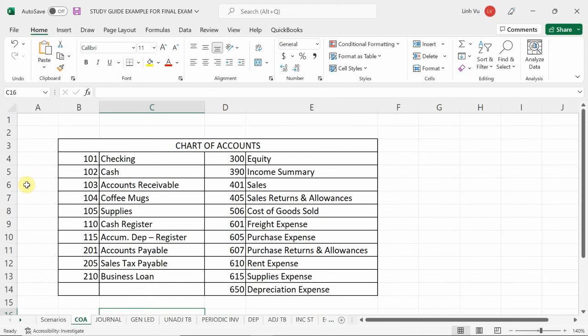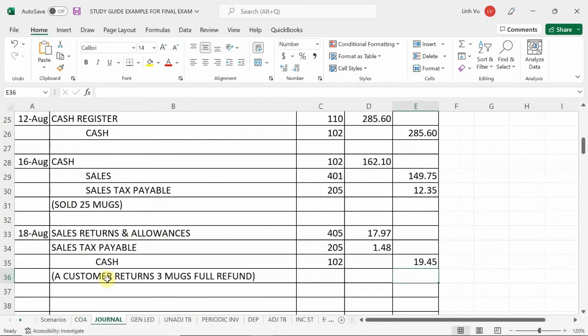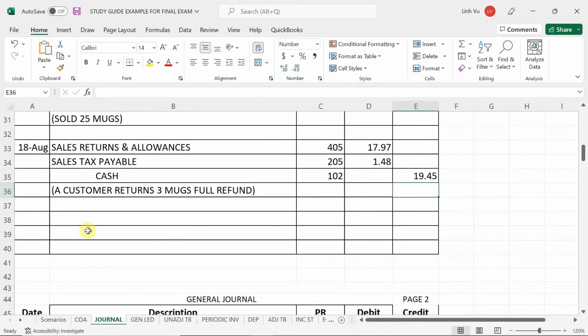So we made the sale, $401, and we also collected the sales tax payable, $205. But we are putting the balance on accounts receivable because the customer wanted the items on account.